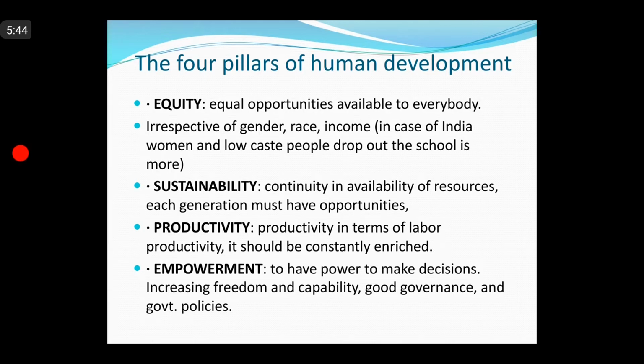And sustainability is essential for human development so that the same opportunities are available for future generations. Whatever resources are exploited by us at present, we'll have to keep a portion of the resources for our future generation. For that, we'll have to use our available resources in a judicious manner.